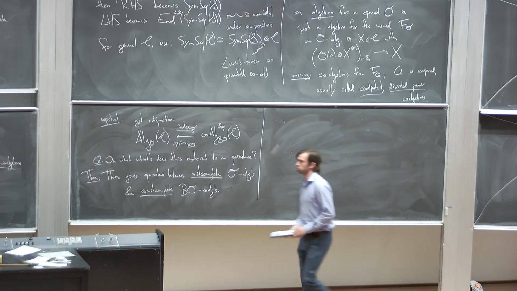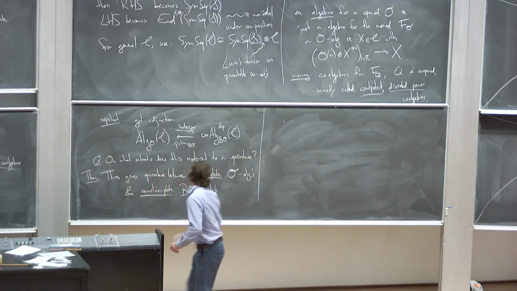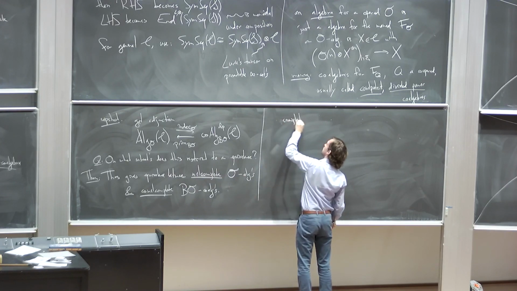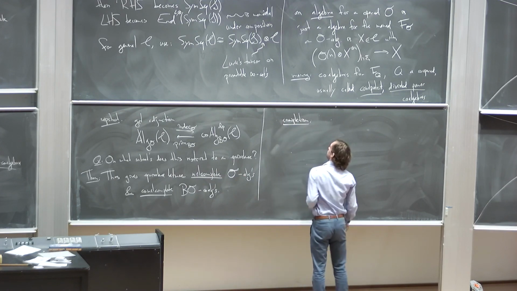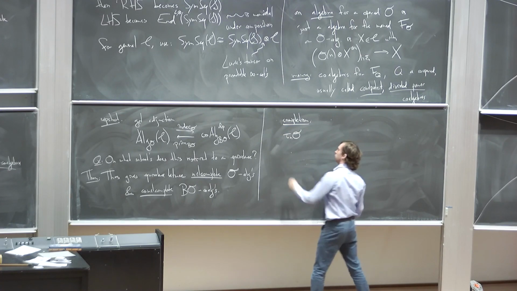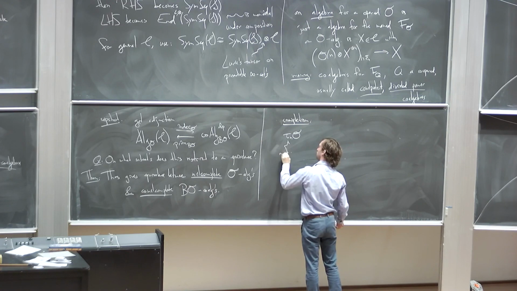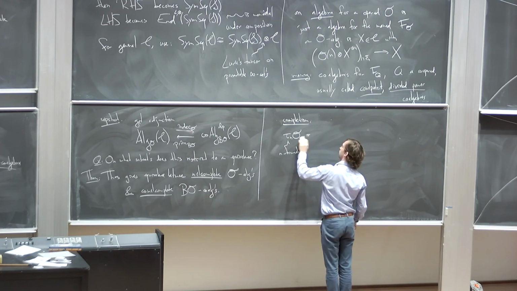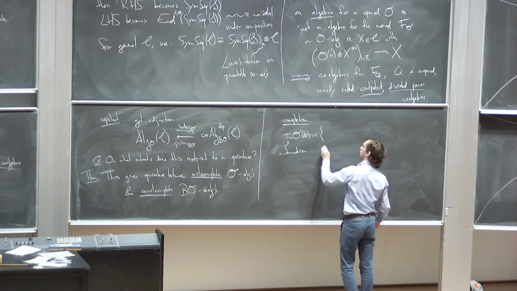Okay, so completion is the following. What you can do for any operad O is you can truncate it. You can take the n-truncation, τ_n O. This is just the operad where you set operations with more than n inputs to 0.